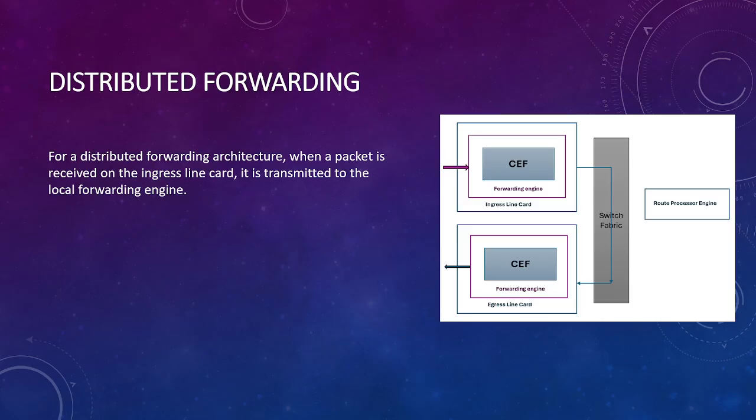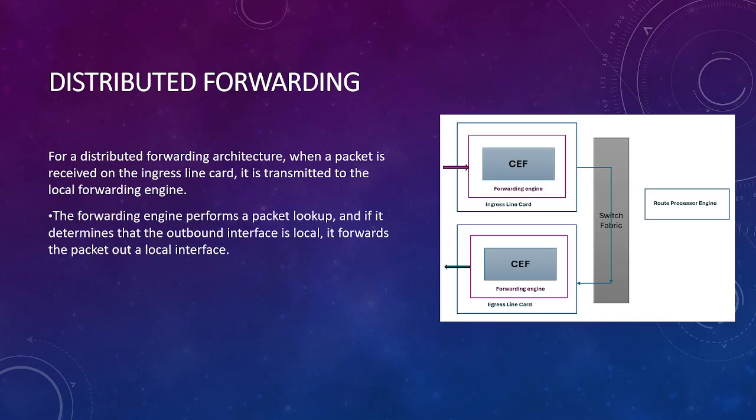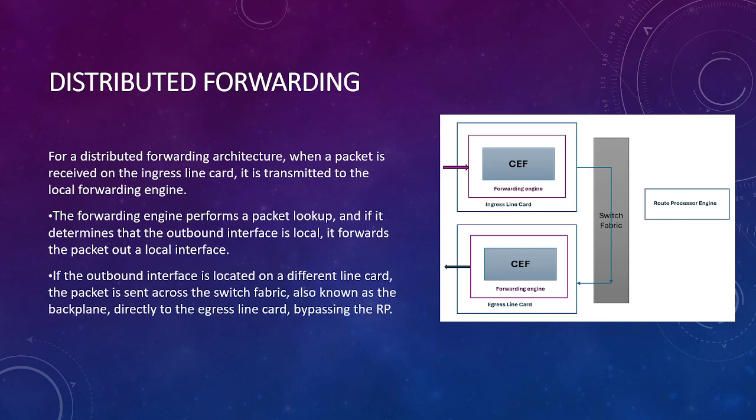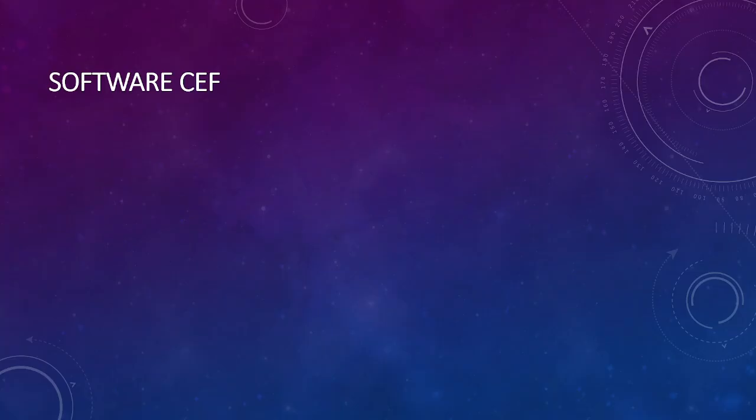When the traffic comes, the ingress line card itself decides the destination address, and then it will be switched via the switch fabric to the egress line card, and then the traffic will be sent out. In this case, it bypasses the route processing engine. Mostly this type of scenario, distributed forwarding, is in advanced or higher end routers.